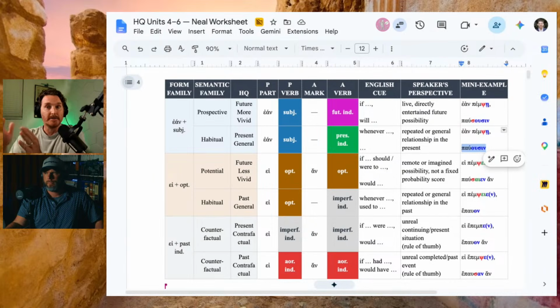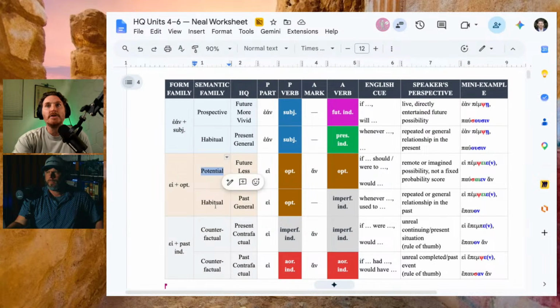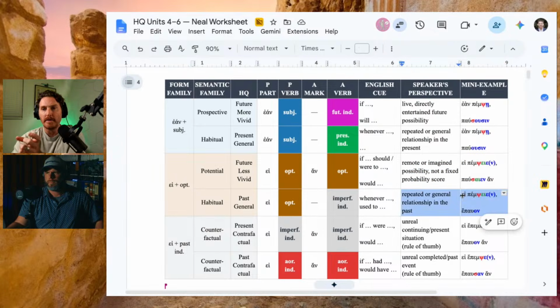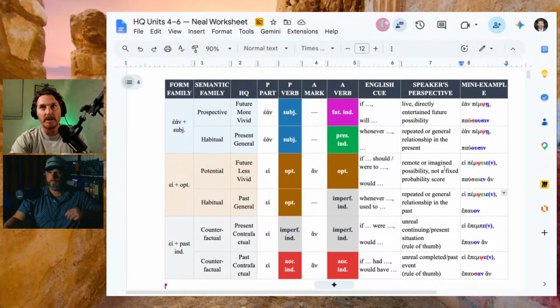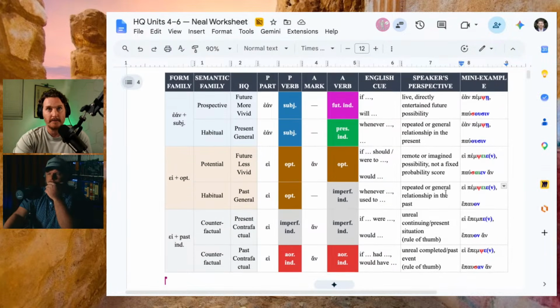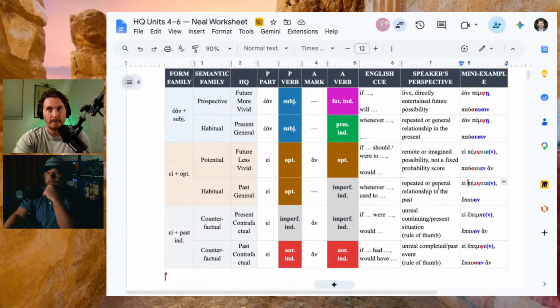That's how you can tell the difference, by looking at the apodosis. You have to identify the apodosis, because the protases look exactly the same. In the potential and the habitual, it's the exact same thing. The protasis is identical. So you really are honing in on the apodosis, the then. If this, then this. The then clause is what's going to clue you in as to what kind of construction this is. Yeah. Okay.